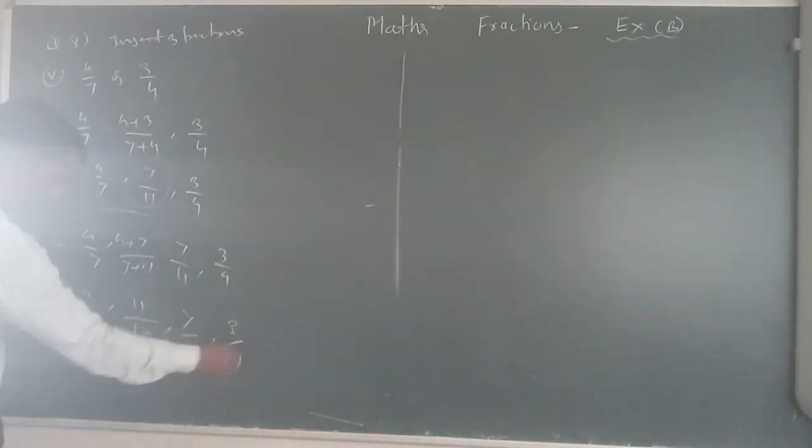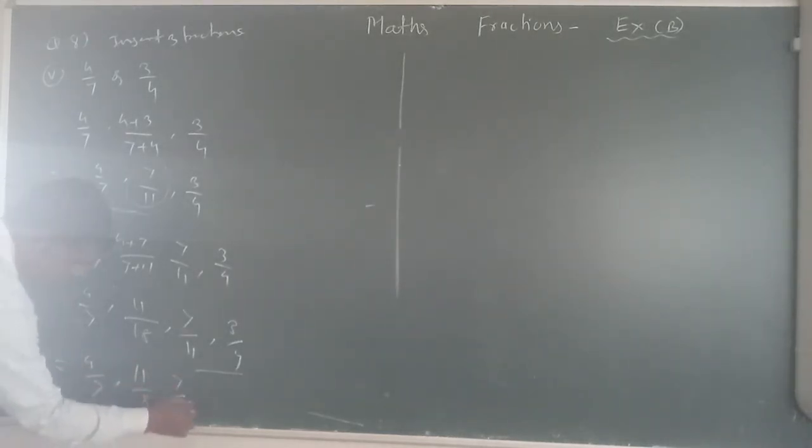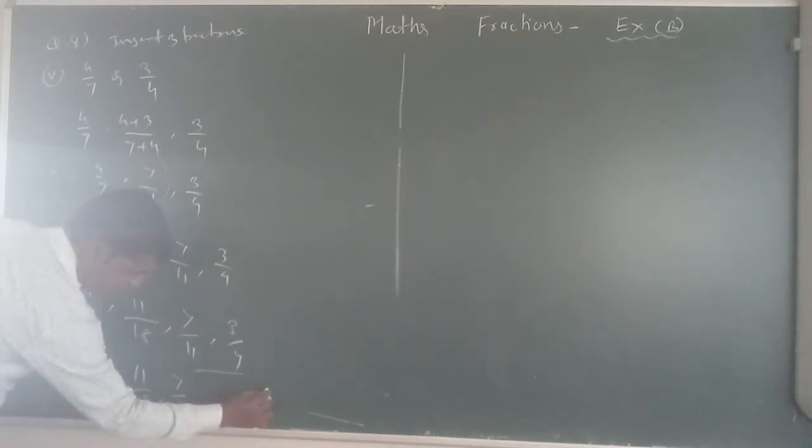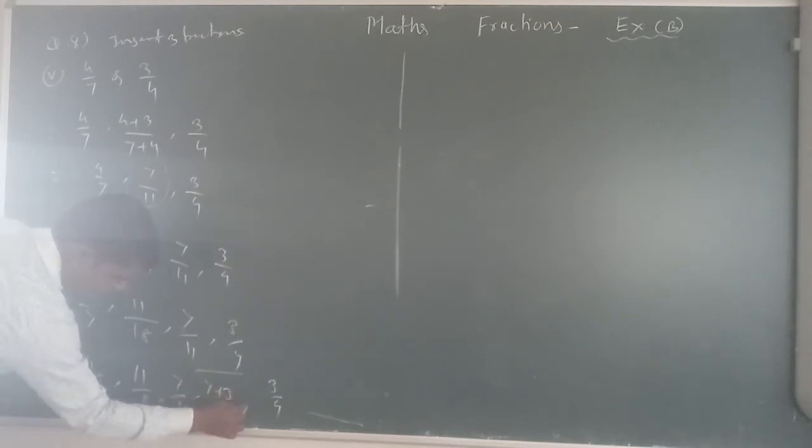अभी लास्ट वाले जो दो हैं उसके बीच में इंसर्ट कर देंगे. Okay, 4 upon 7, 11 upon 18, 7 upon 11, यहाँ पे जगह छोड़ देंगे इंसर्ट करने के लिए, और लास्ट में 3 upon 4, यहाँ पे एडिशन 7 plus 3, 11 plus 4.